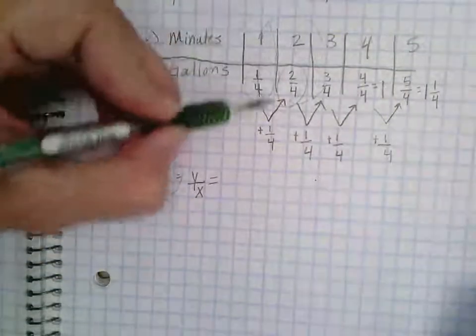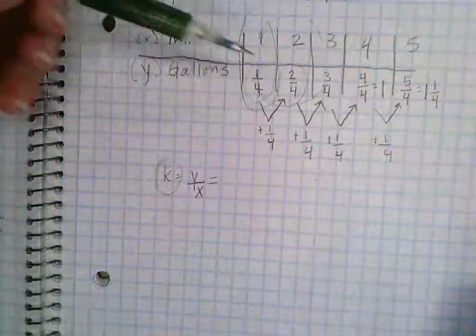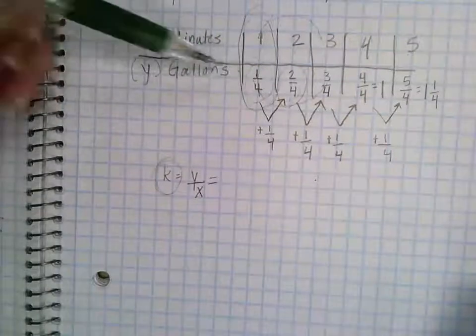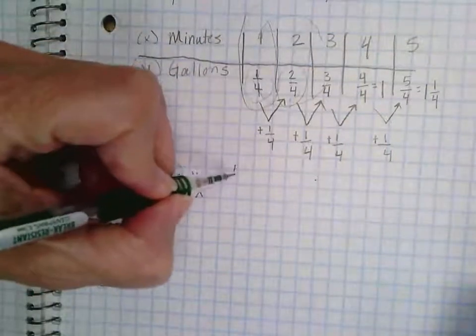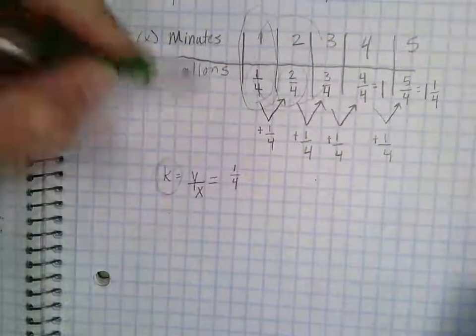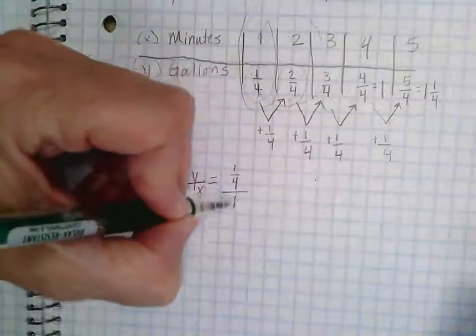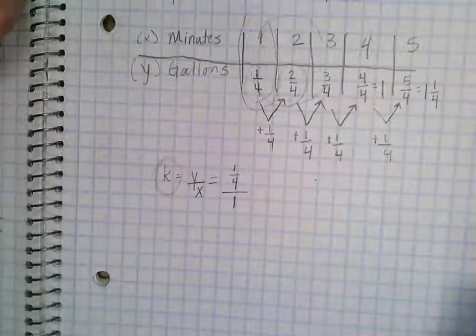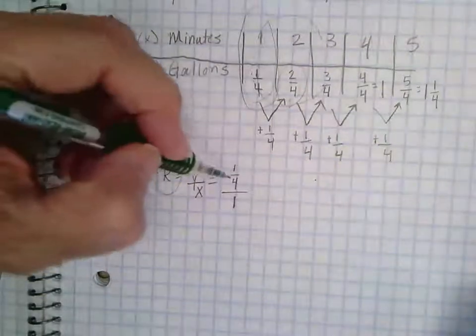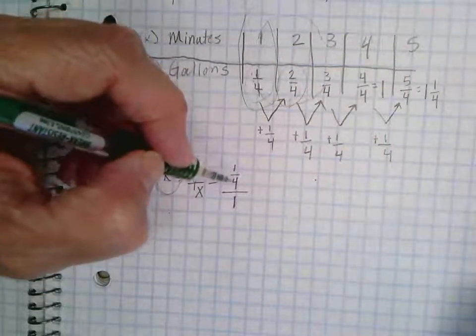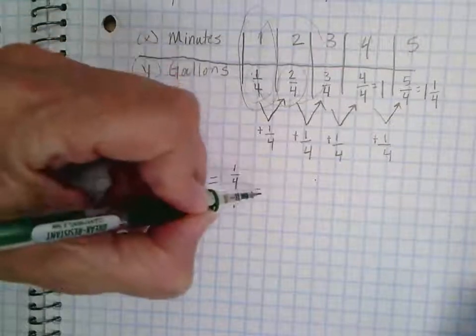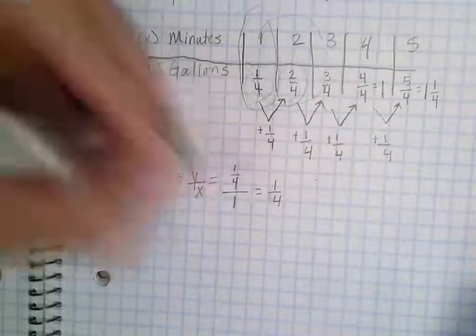I'm going to choose my first column, and that's 1/4 as my Y value, and 1 as my X value. This is a division problem. 1/4 divided by 1 is simply 1/4.